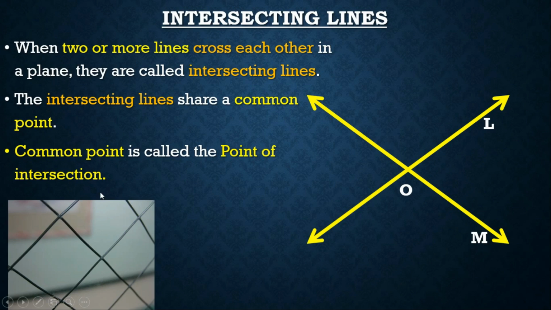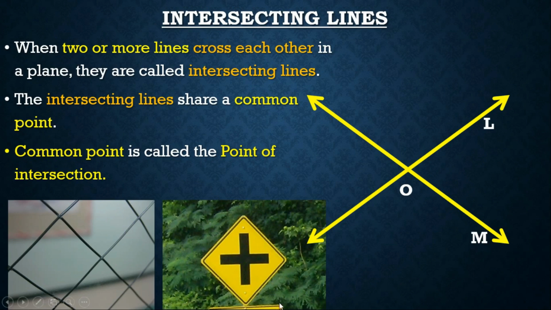When two or more lines cross each other at different points, each such point is known as a point of intersection. Here is one point of intersection, this is another, this is one more. Like 1, 2, 3, 4, 5, 6, 7. We have 7 points of intersection in this image.